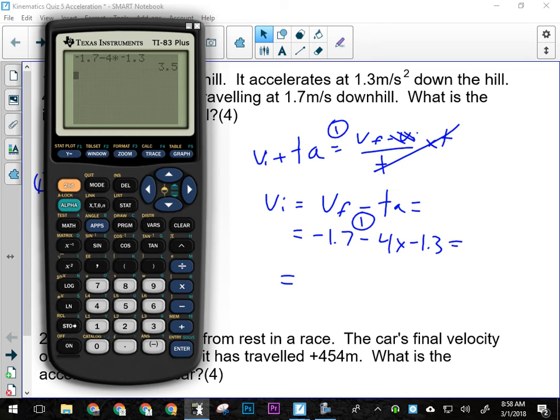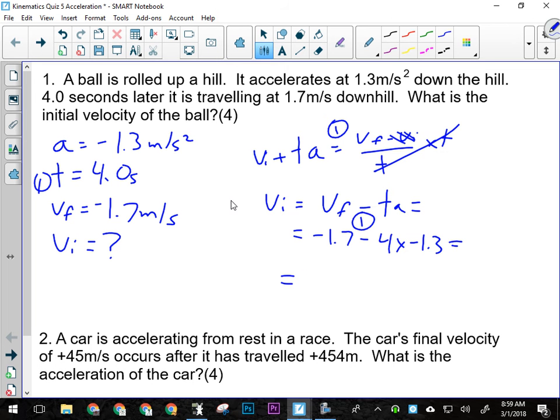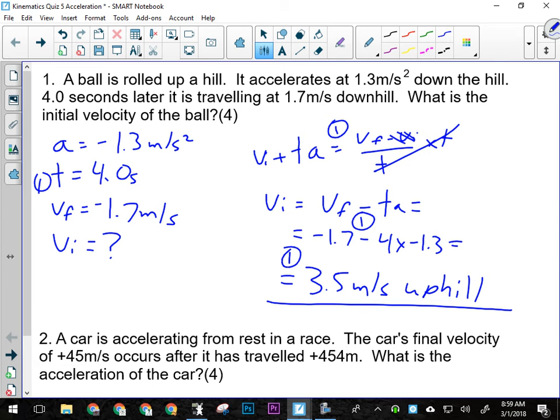All right, so the initial velocity of the ball was 3.5 meters per second uphill. They must have the uphill to get that mark because that was the vector given in the question. So that's your 4th mark on that one.